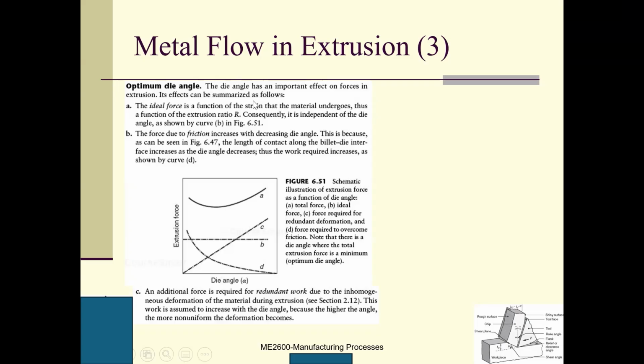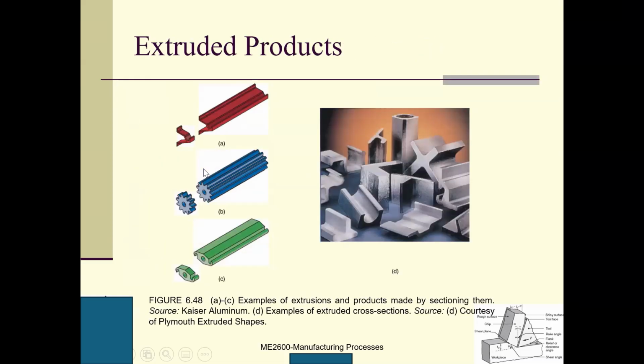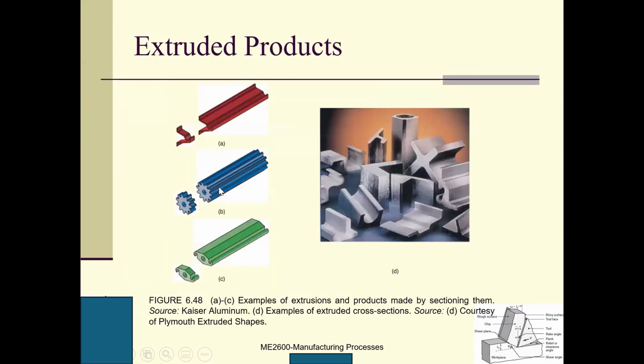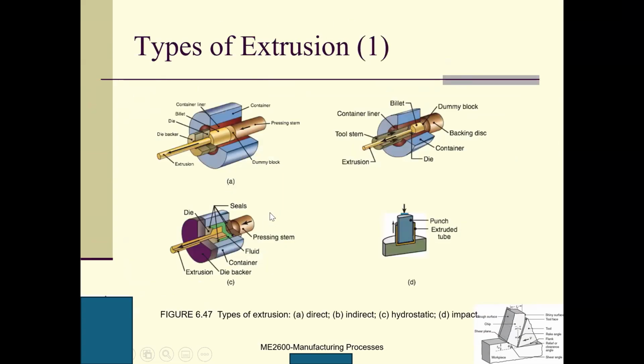So the effects can be summarized as follows. Right? So this is the die angle. I'm showing you what the die angle is. If we have a die here, this is the die angle. It's hard to see, but this is the angle. This angle should not be a rectangular shape.